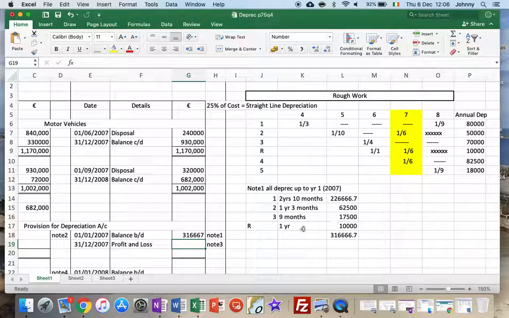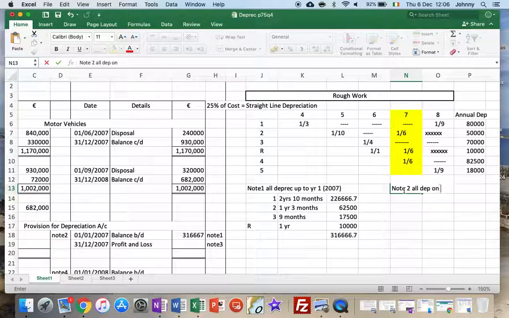Next, note number 2. So note number 2 is all depreciation on disposed assets in year 1, which is again 2007. Okay, so what did I dispose of?